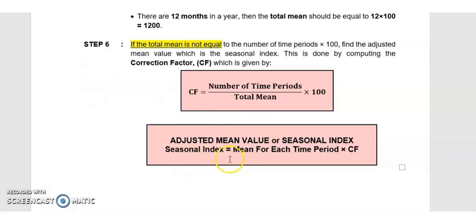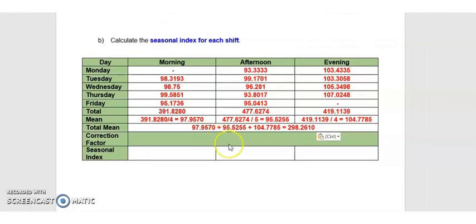After this, we go back to this formula. Look at how to calculate correction factor here: number of time periods times 100 divided by total mean. So if we have 3 columns just now, morning, afternoon, evening, multiply by 100, that is 300, divided by total mean. Go back to this table. How to calculate correction factor just now?